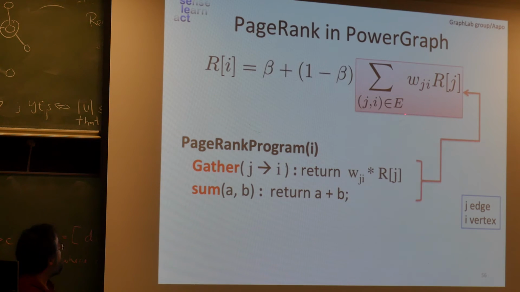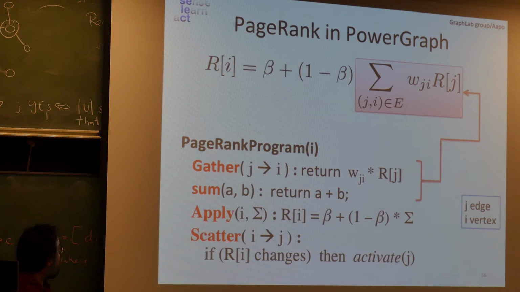The gather kind of goes into two different pieces. There's a gather for the edge, and there's a reduce process that will collect those things. And then there's an apply function, which is basically going to compute the new value like that.